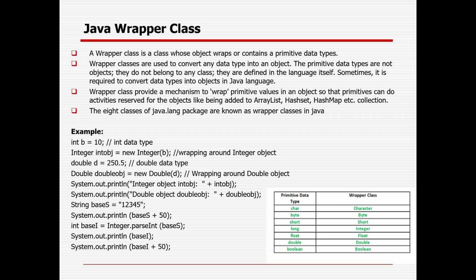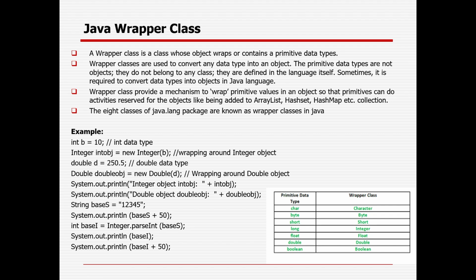That is the reason, especially whenever you are dealing with the Java collection framework, JCF, you cannot use those data types, because the Java collection framework only deals with classes and objects. So the challenges will come. That is the reason all these data types you need to associate with some class, which is called a wrapper class.